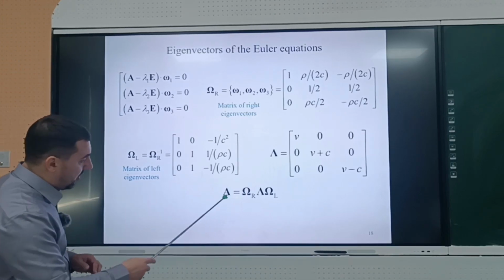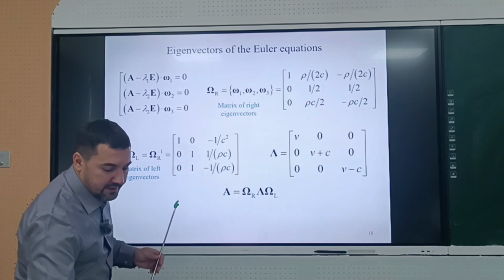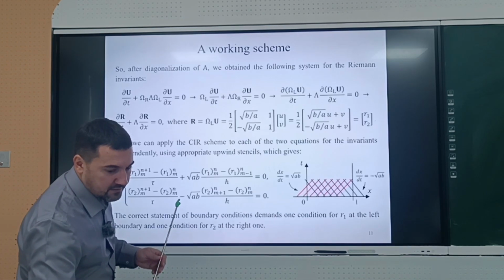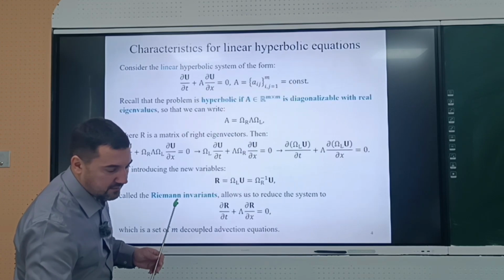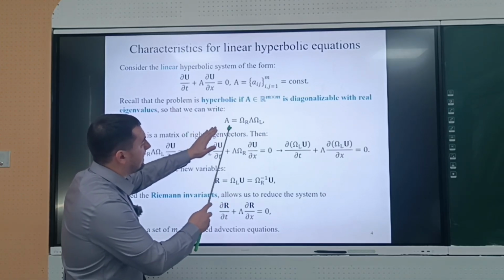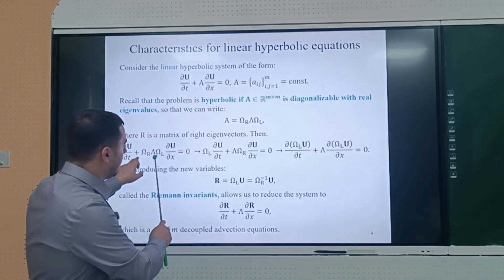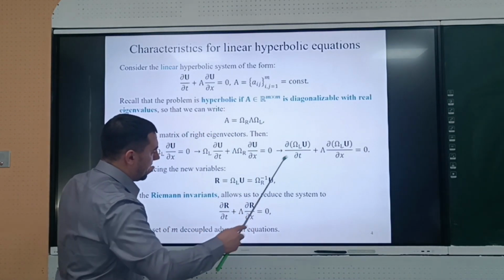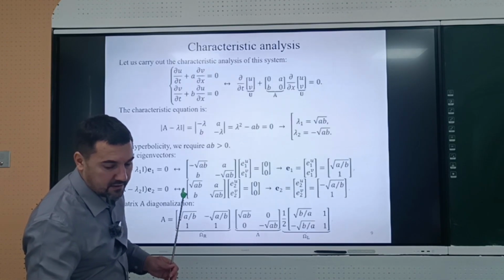Okay, so we know this diagonalization. If so, we can try to do the same procedure as previously, as here. I mean this one. So we knew the diagonalization, and then we put this matrix here, and then step by step we obtained Riemann invariants and so on. Let's do the same thing for the other equations.